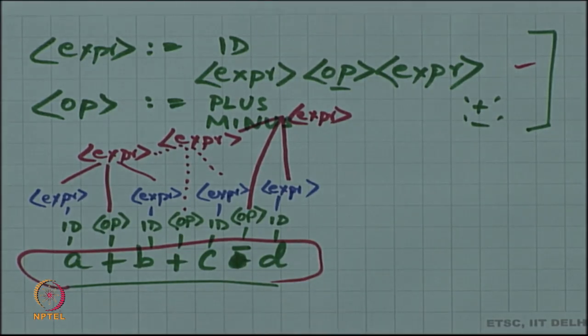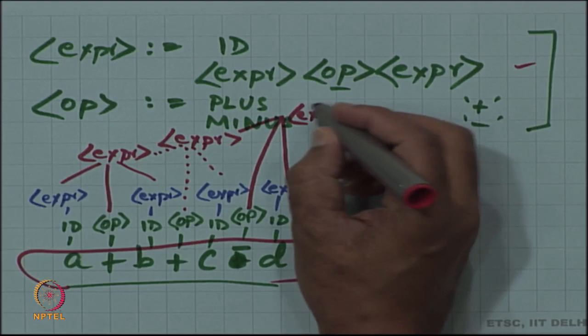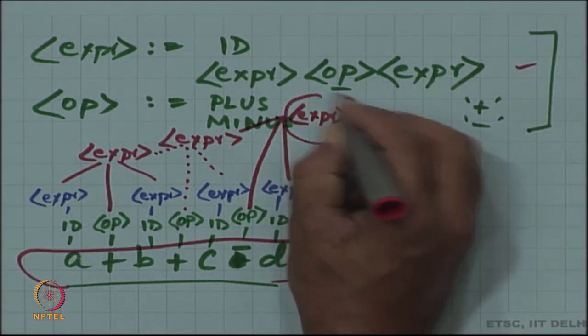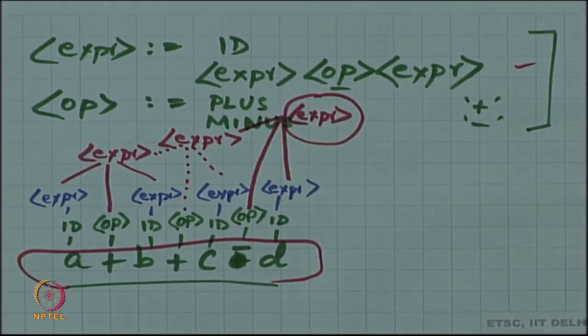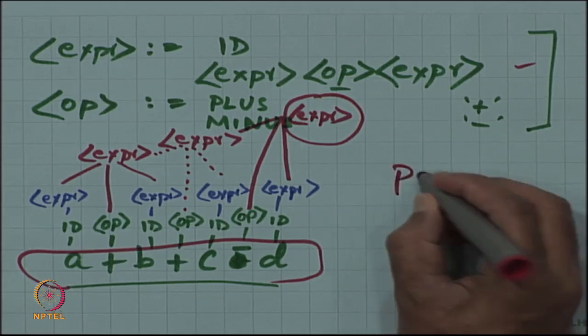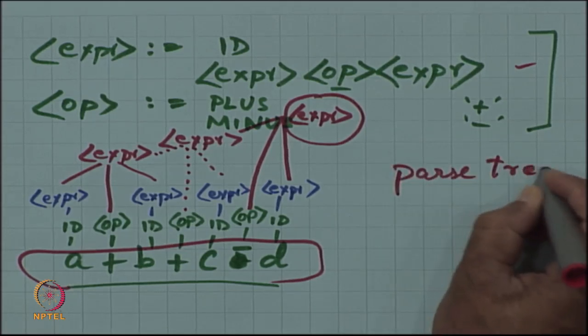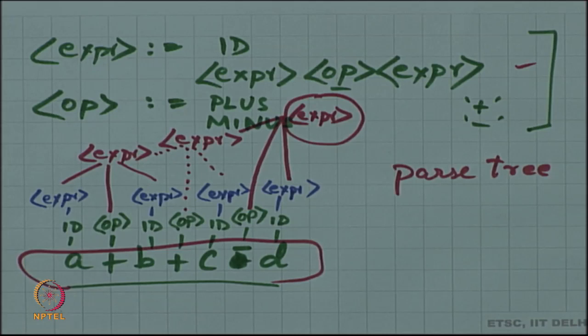You can see how this generalizes to any number of operators and any level of complexity of a single expression. So, essentially we have recognized that whole thing as an expression. The tree structure comes about from this recognition process. So, this whole thing is what would be called a parse tree. The grammar itself has a tree structure in the way it is specified, and the way it is recognized, a tree is explicitly built out of this recognition process.